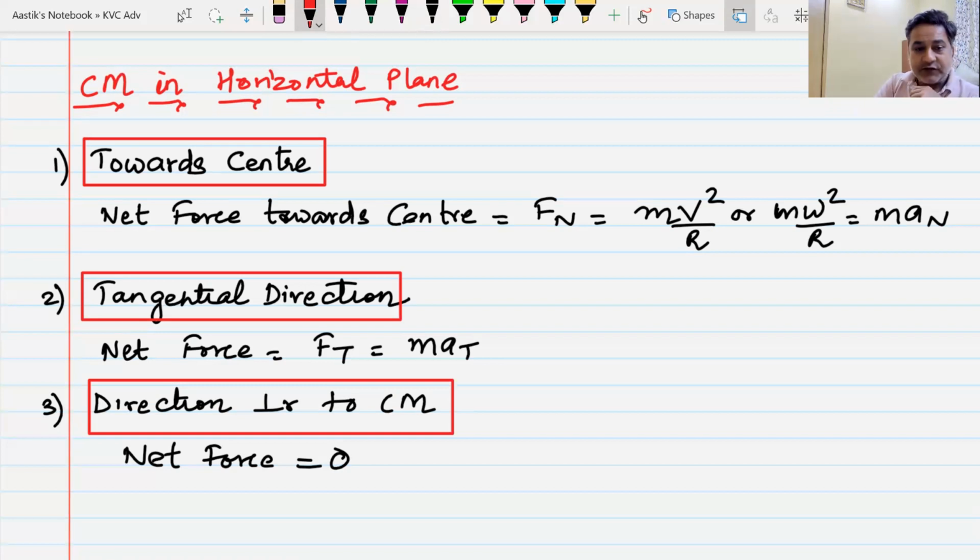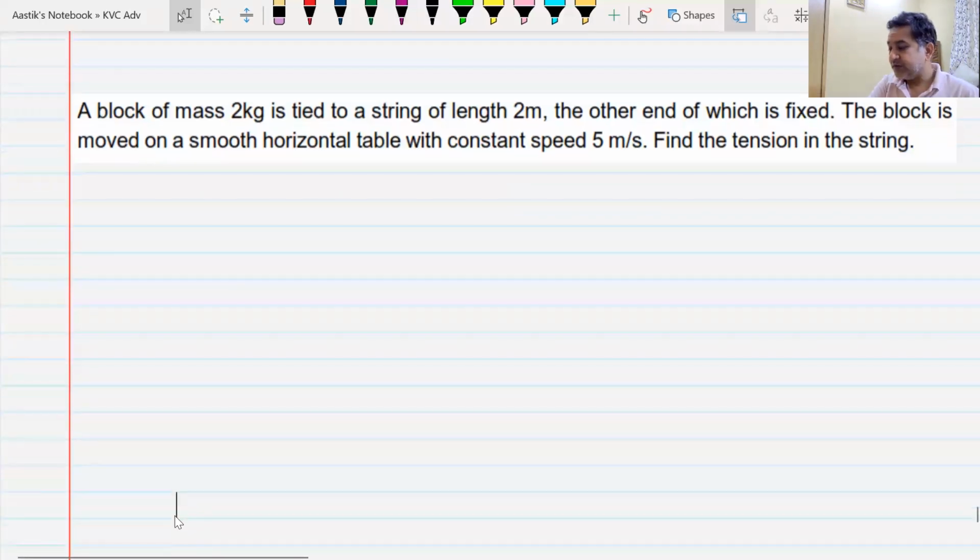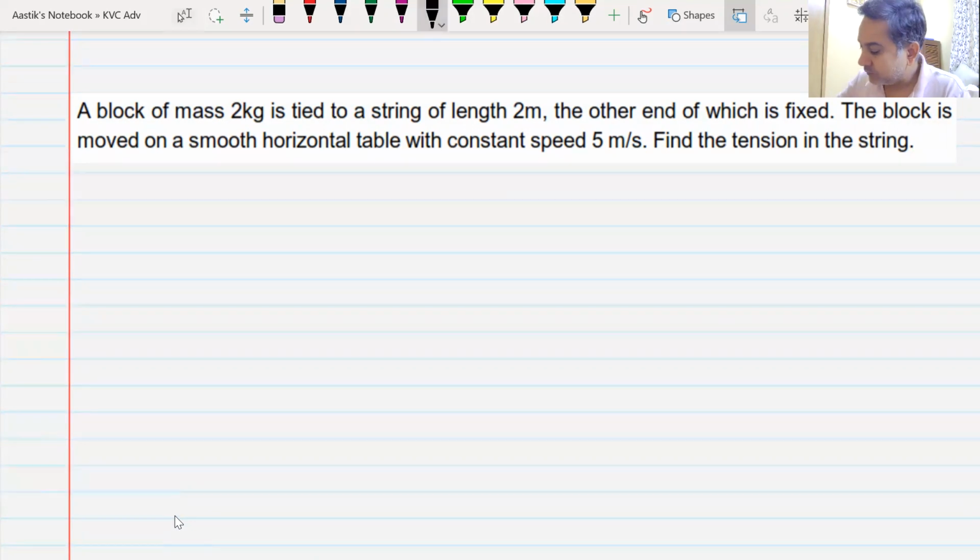Okay. Let me see if you can solve some problems based on this. Simple cases. Can I trust you on this? Yes, sir. If you can do the first question, that means you have understood the concept. Question number 1.